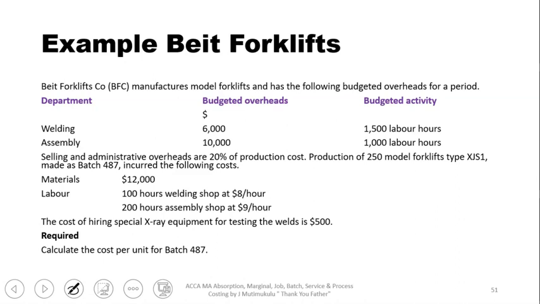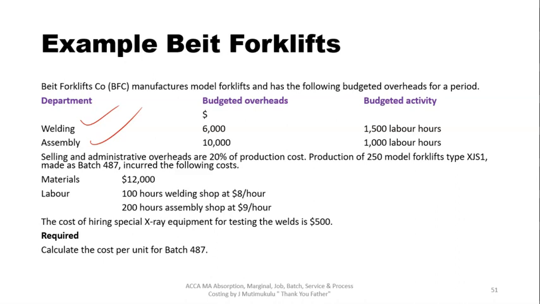Okay, so we have got BET forklifts called BFC, which manufactures model forklifts and has the following budgeted overheads for a period. We have got department, welding, and assembly. These are the two departments. Then budgeted overheads are those ones, budgeted activity, that one. Selling and administrative overheads are 20% of production cost.